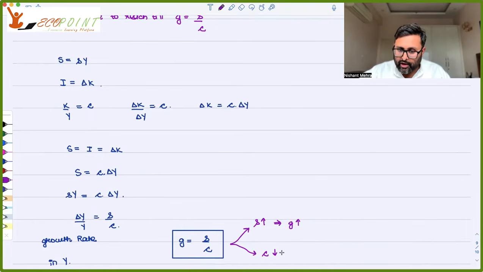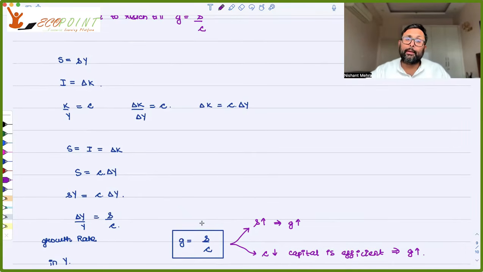So if the capital output ratio is lower, capital is efficient. That also would imply your small g to be higher. Capital output ratio lower means what? You need less capital to produce a given output.